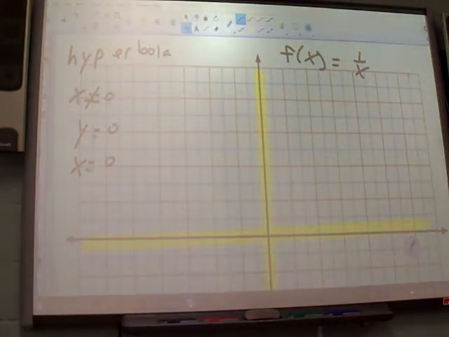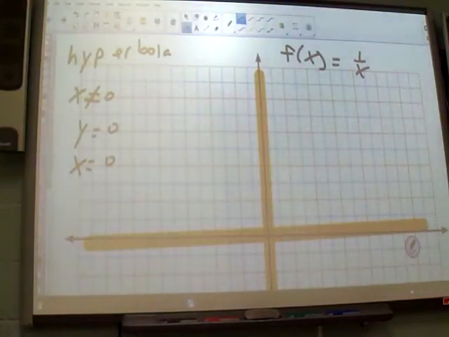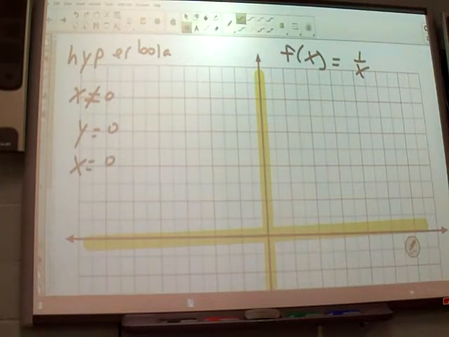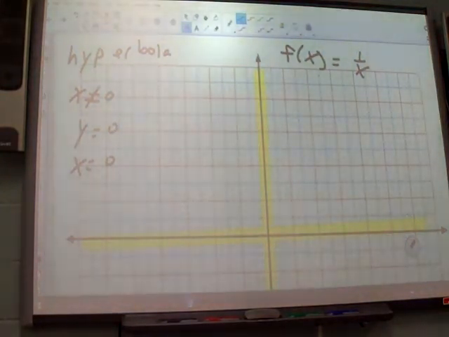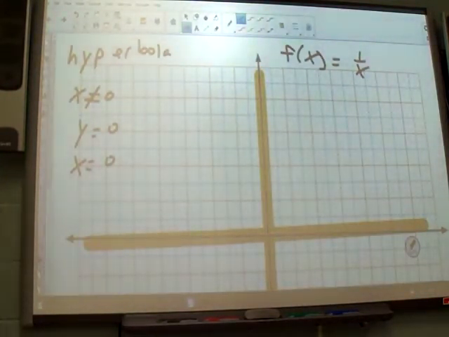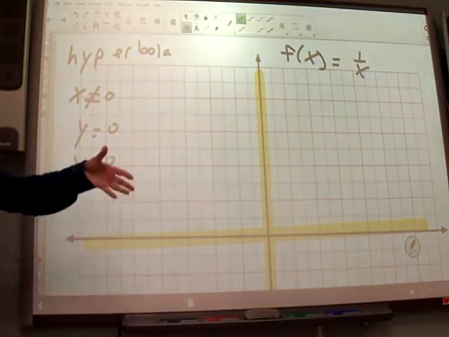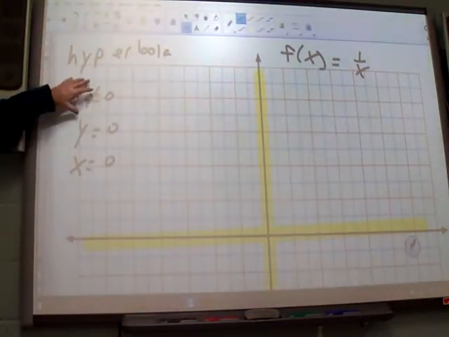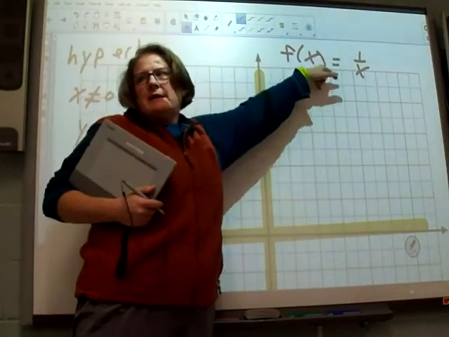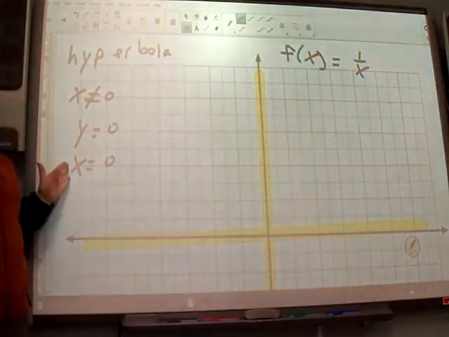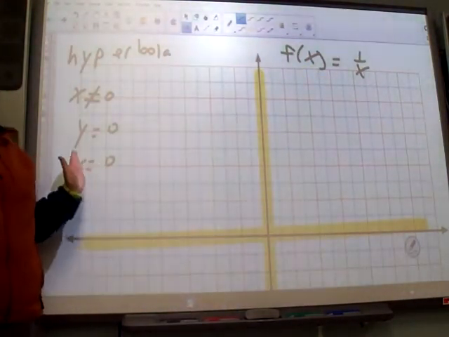Okay, write it down. I was just confused because it says x is not equal to 0, and then below it says x equals 0. Well, I didn't organize that well. x cannot be 0 because that would make it undefined. But that asymptote by definition means I don't touch it.